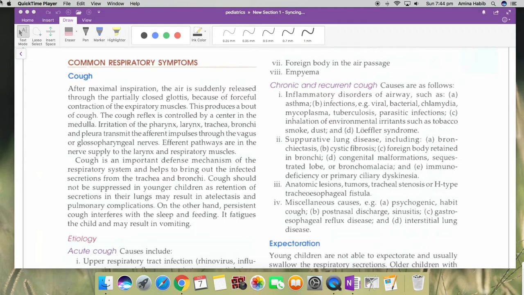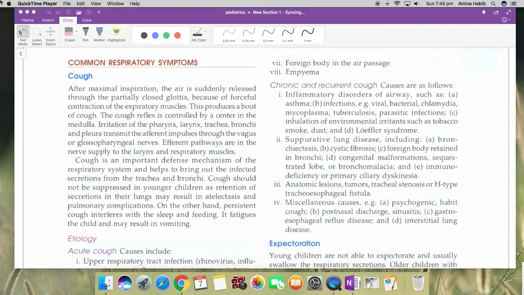The first is cough. So this is an audiobook, but I won't be merely reading each and every line. It will be a more personalized and better version of the audiobook, where I'm not a passive reader, just like a news reader. I will be interacting with you also, and in between I will be giving a lot of mnemonics, a lot of tricks to quickly remember the points, because as we know it's all about rote memory.